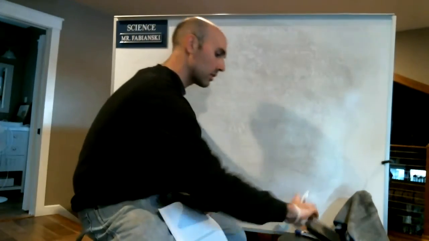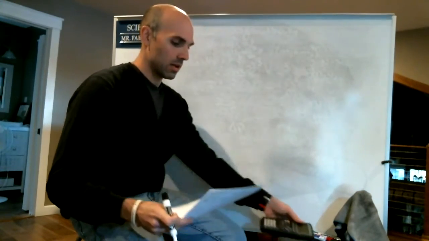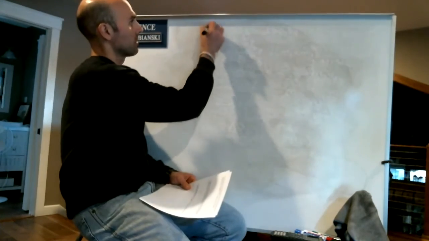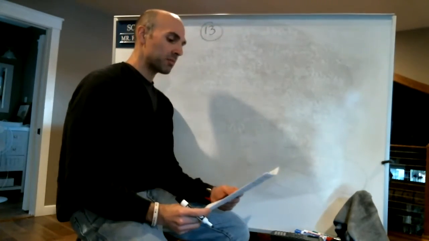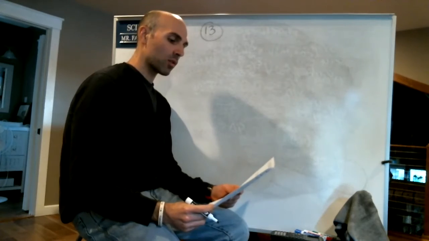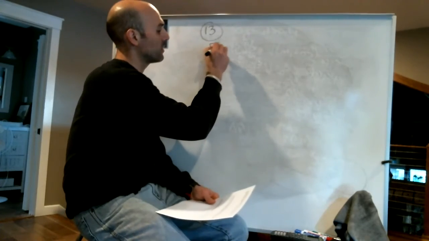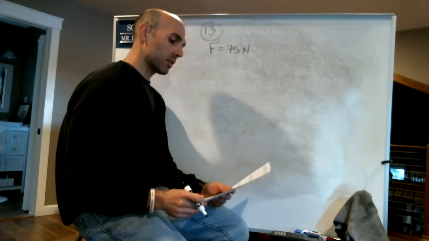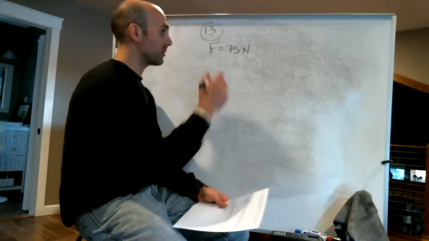Let's take a look at the next question. We're going to skip 12 because we already did 12. Let's go right to 13. A baseball player swings the bat and applies an average force of 75 newtons, F equals 75 newtons, to a 30-gram baseball.